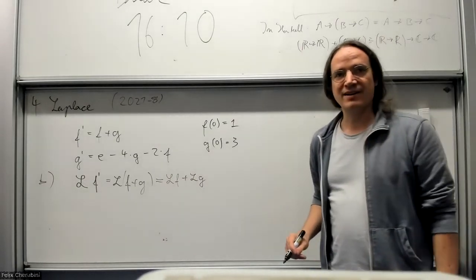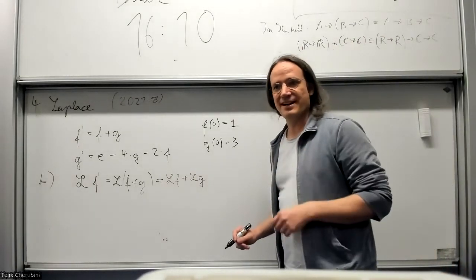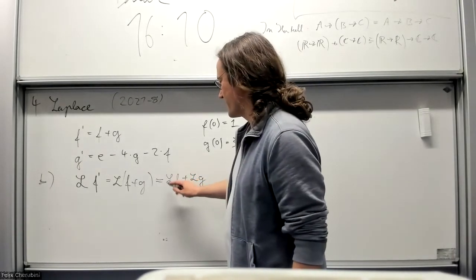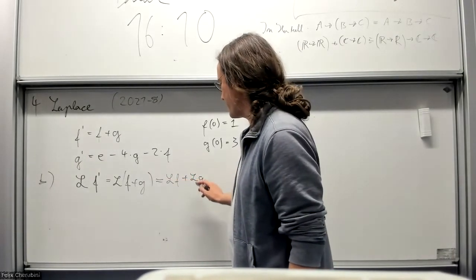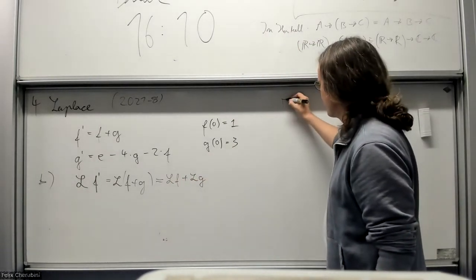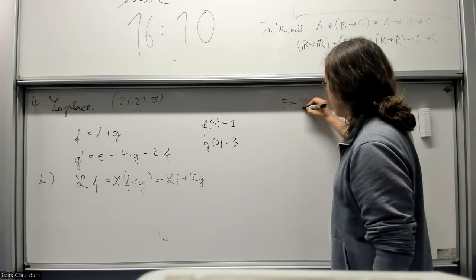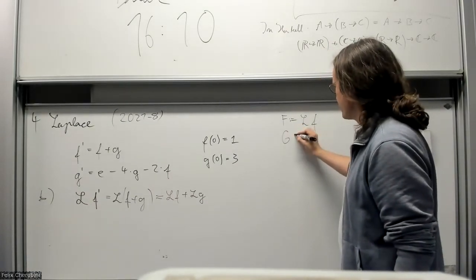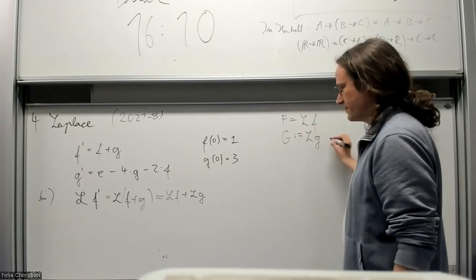What's a good idea is maybe to find some abbreviation for Laplace of f and Laplace of g. Let's say capital F is LF and capital G is LG.